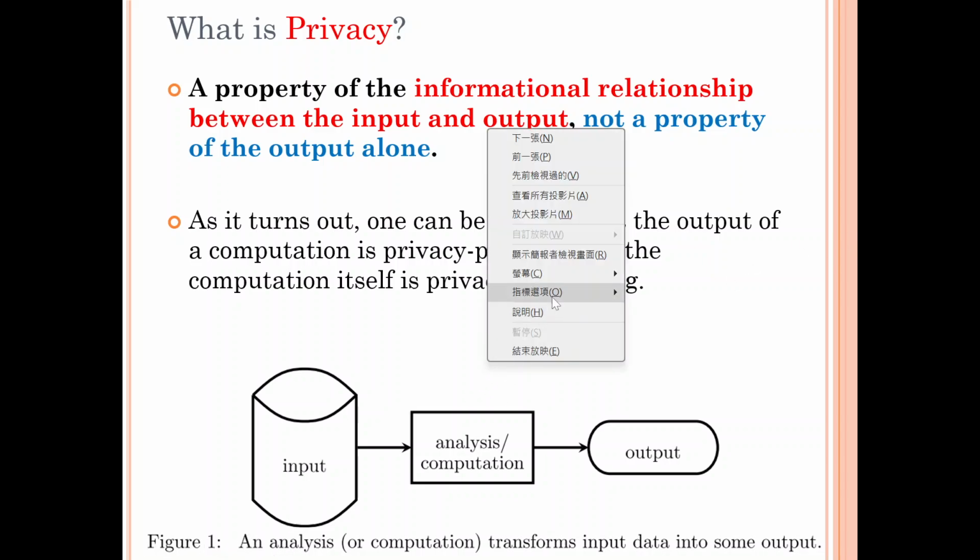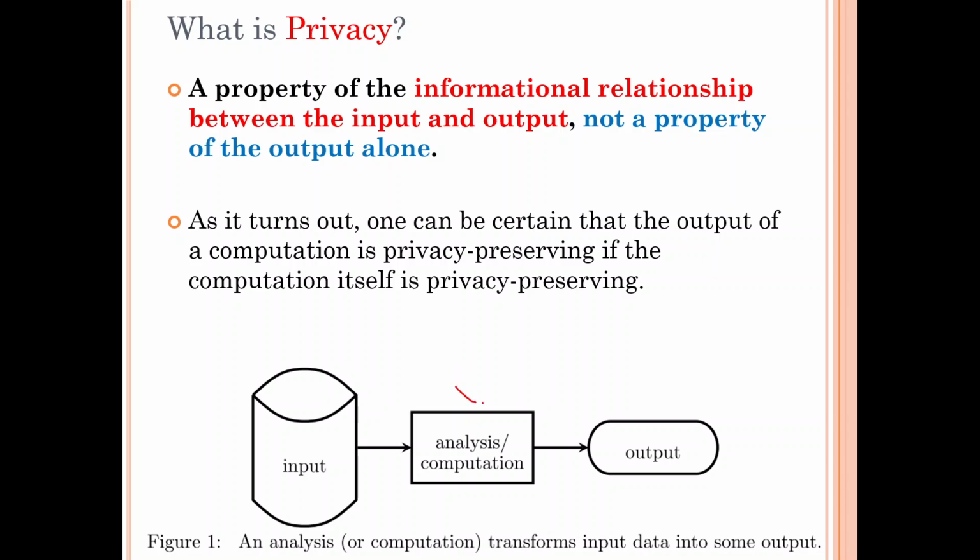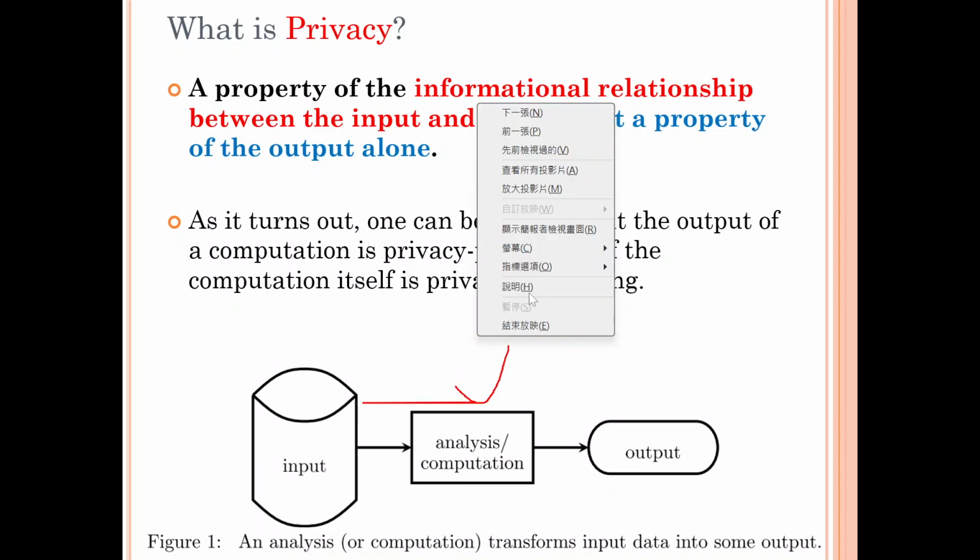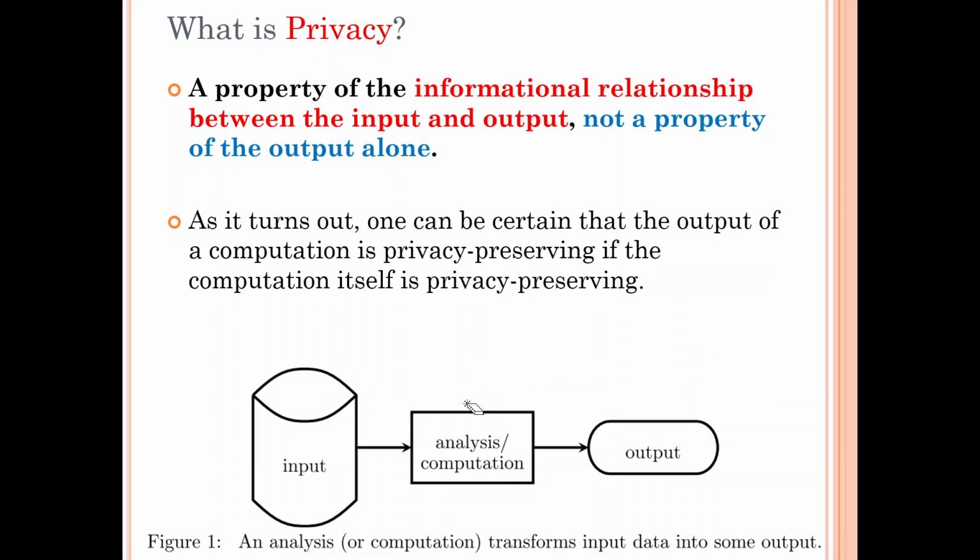Differential privacy is applied only on the function or computation. This kind of action is not applied on the data itself.